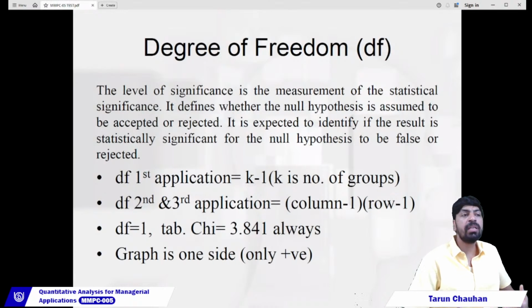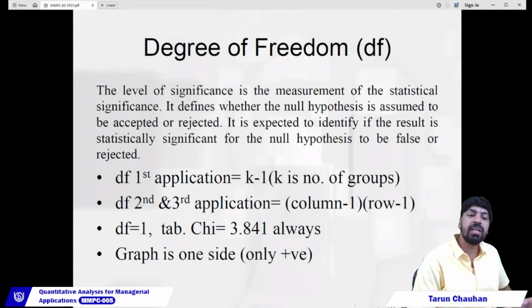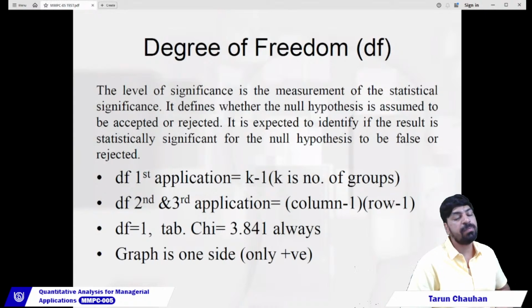So when we talk about the degree of freedom, all the values based on it will be positive. No value will be negative in the chi-square tabulated table.